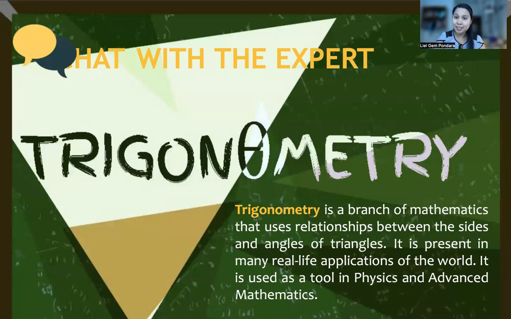Trigonometry is a branch of mathematics that uses the relationships between sides and angles of triangles. In many real-life applications, it is used in physics and also in advanced mathematics. So if you'll go towards engineering courses, you'll have more on trigonometry.